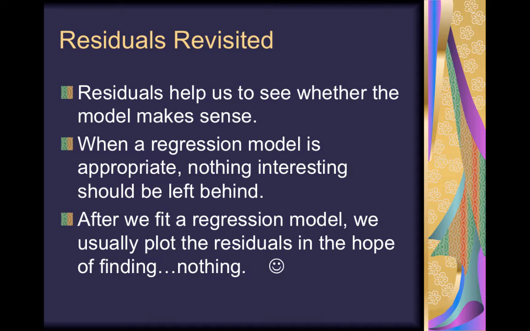This will show us if there is a pattern, which would represent other variables that our model did not catch or that have an effect on the relationship between our variables. We're hoping that if our residual plot has no pattern to it, then we have appropriately found and represented the relationship between the two variables.